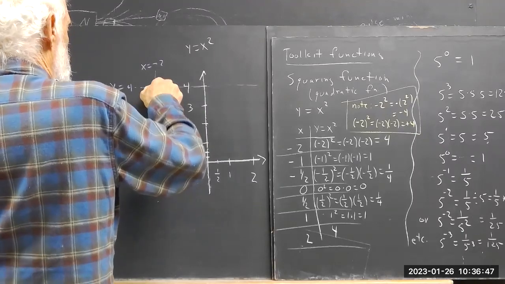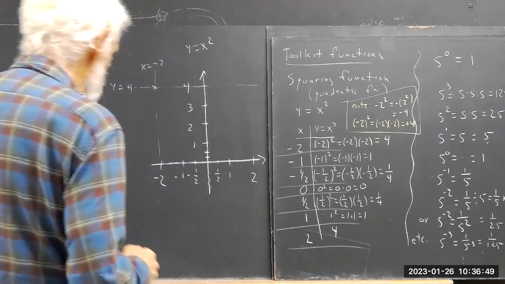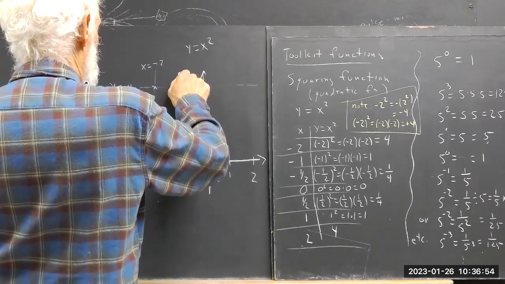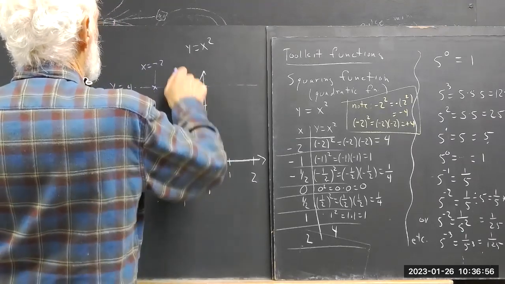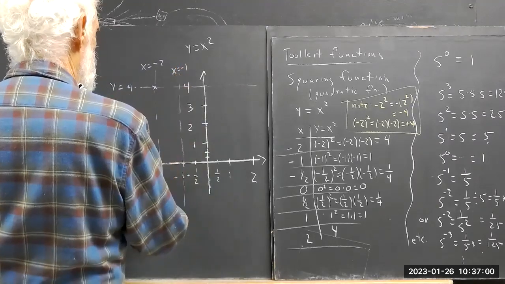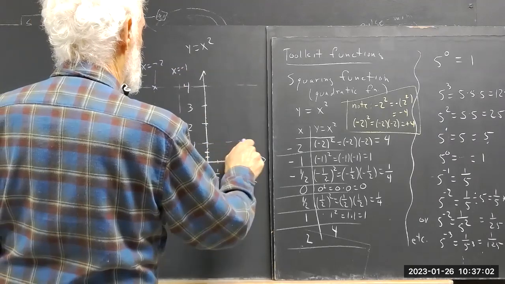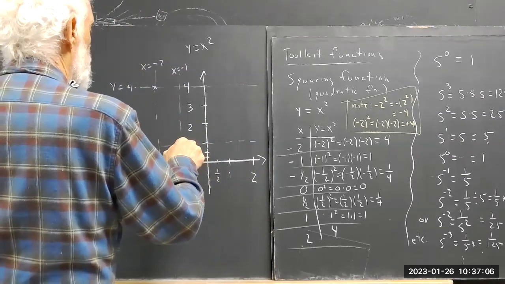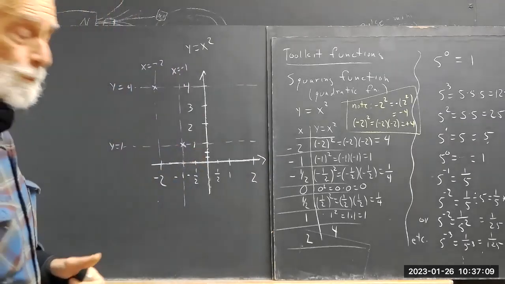They intersect at this point. Then -1, 1. I need the line X equals -1. And the line Y equals 1. And they meet here. So this point is on the graph.